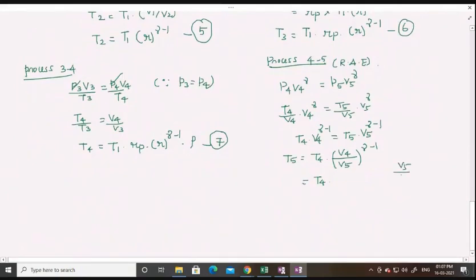V5 by V4 is r power rho. So better you can form it like this.